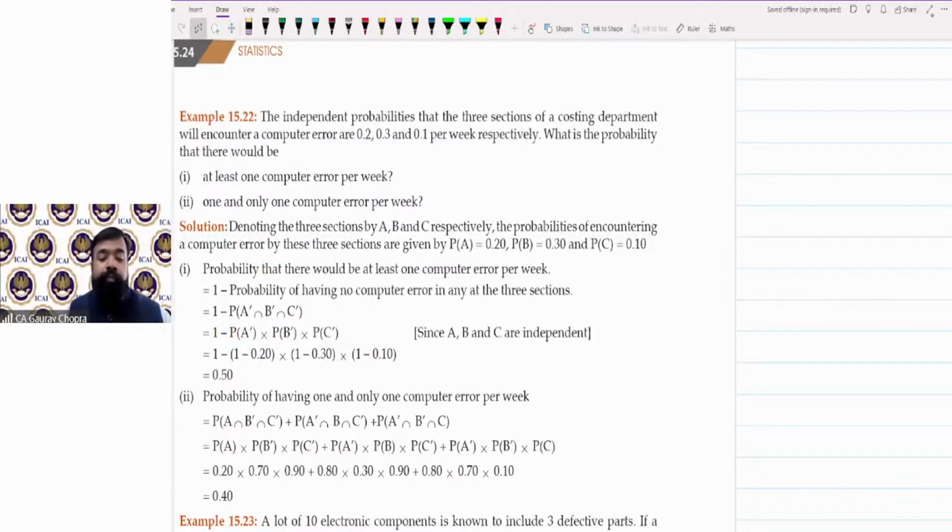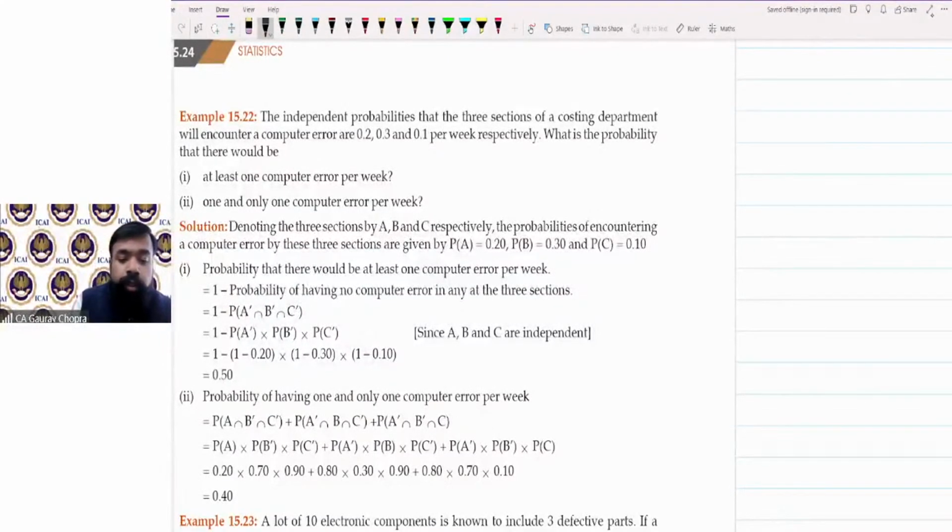Now, 22nd. The independent probabilities that the 3 sections of costing department will encounter a computer error are 0.2, 0.3, and 0.1 respectively. What is the probability that there would be at least one computer error per week?